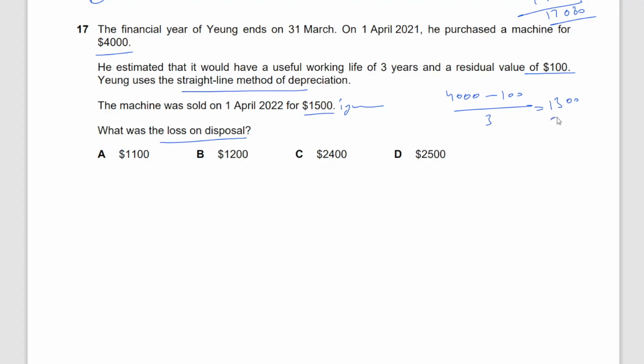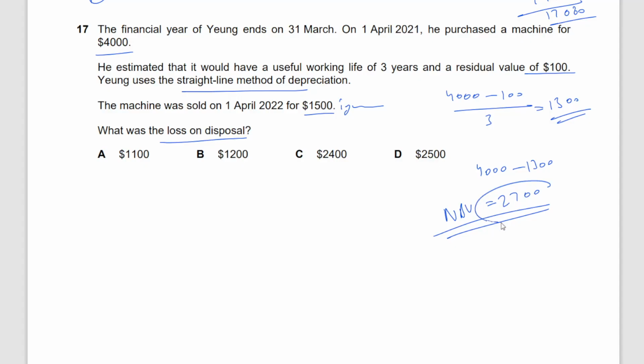That is depreciation per annum. We only used it for 1 year. So what's the value going to be after 1 year? 4,000 was the original cost, minus 1,300 the depreciation. 2,700 is the carrying value, the net book value at the end of year 1.